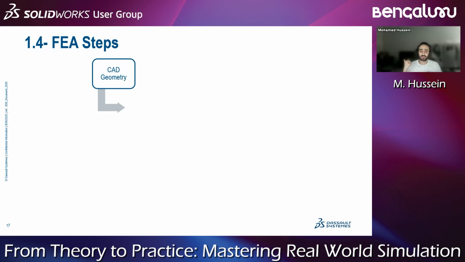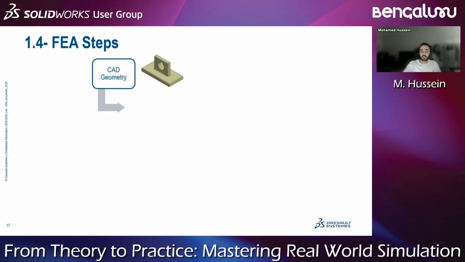You have to prepare the CAD geometry that is being used, and this is why SolidWorks is one of the best software, because SolidWorks is the best in CAD. So you already have your CAD embedded in the same package that you are using for simulation. So first of all, you need to have this CAD geometry. Imagine that, for example, I have this geometry.